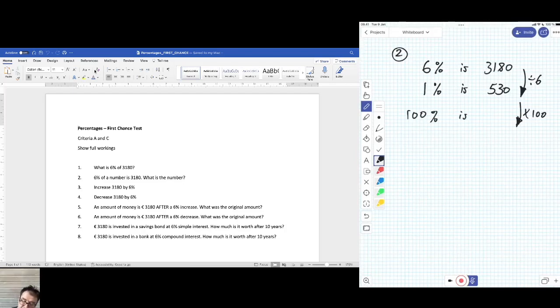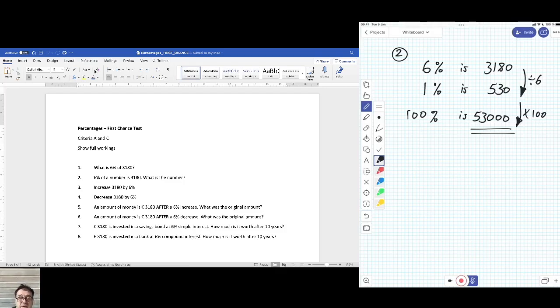So 100% is 100 times as much. I don't even need a calculator for that, because it's just 530 with 2 more zeros stuck on. So the number was 53,000. The original number was 53,000.